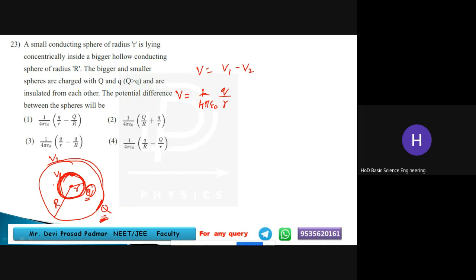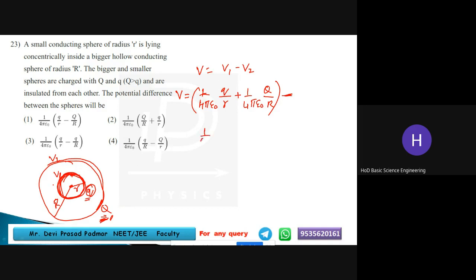That means the potential due to this capital Q on this inner surface can be given as 1 by 4 pi epsilon naught, Q divided by capital R. Why? This is actually the potential on the outer surface, but we know that the potential on the surface and the potential inside the sphere will be the same. Therefore, we can consider this. This is actually V1.